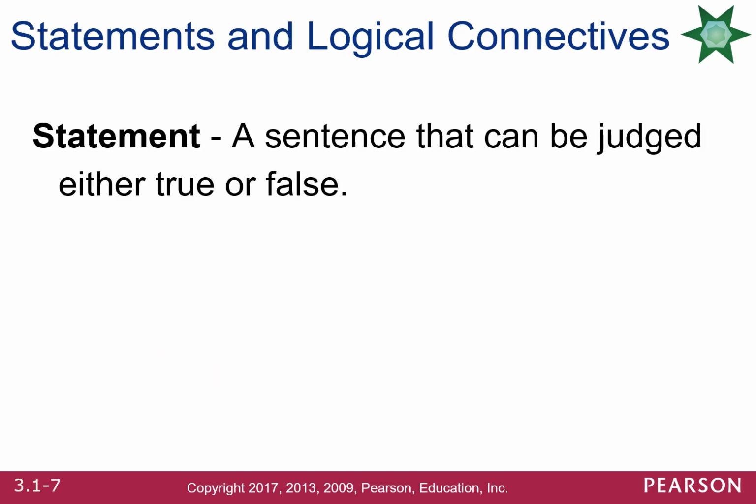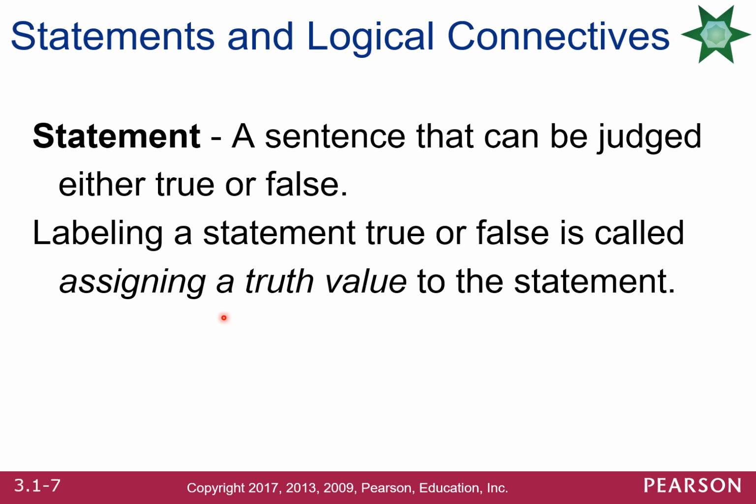Now we'll talk about what's called a statement. A statement is an idea expressed as a sentence that can be attributed as true or false. So a sentence that can be judged either true or false is called a statement. So labeling a statement true or false is called assigning a truth value to the statement.